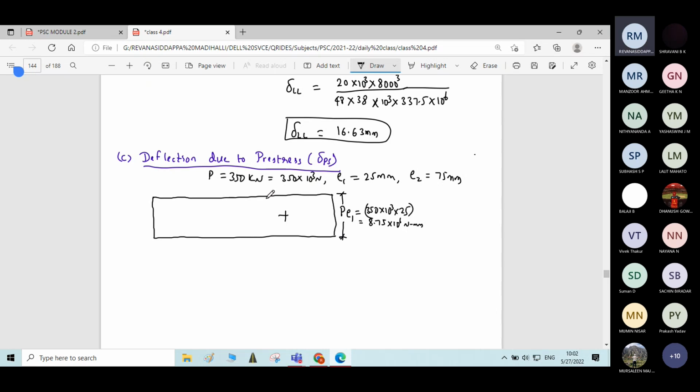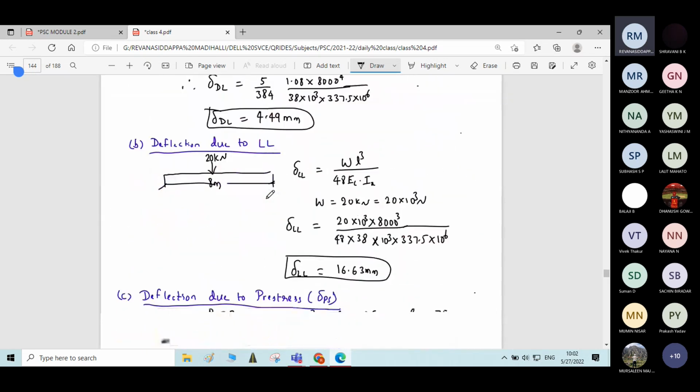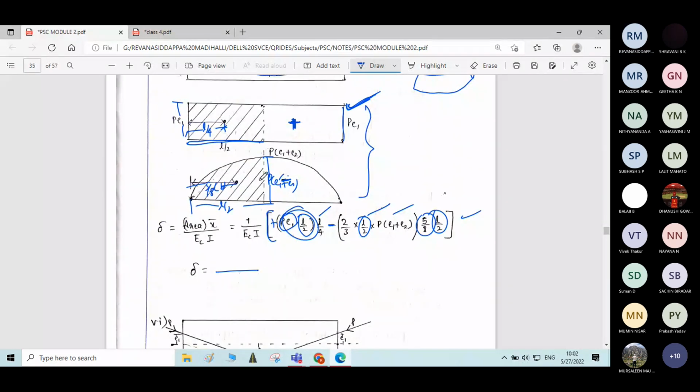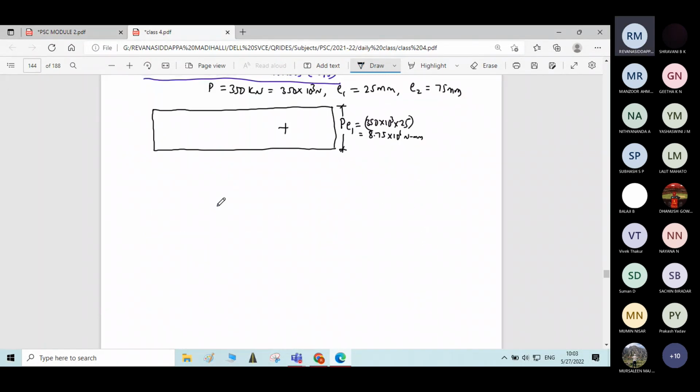Now, one more nature of the bending moment diagram: P into E1 plus E2 with a parabolic bending moment diagram.